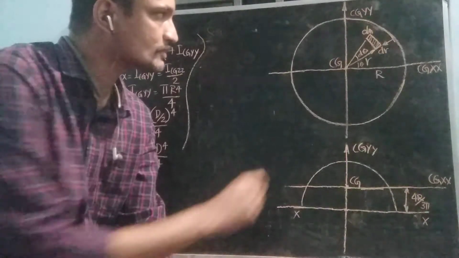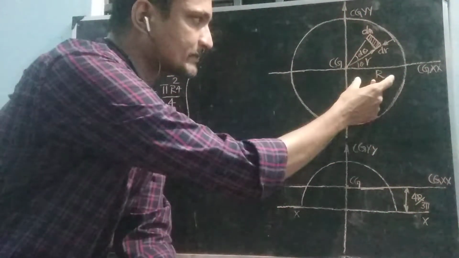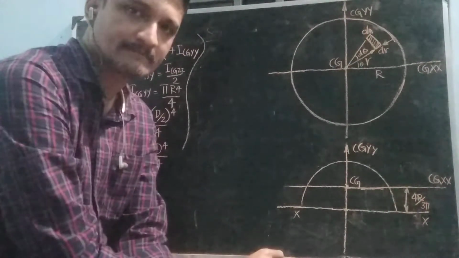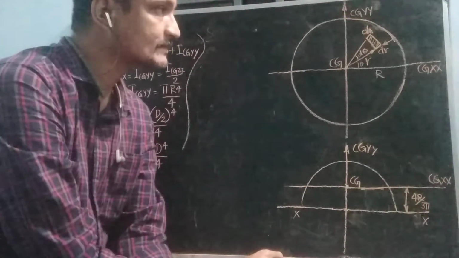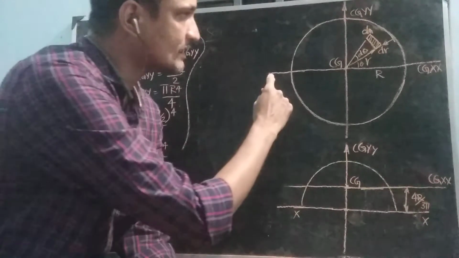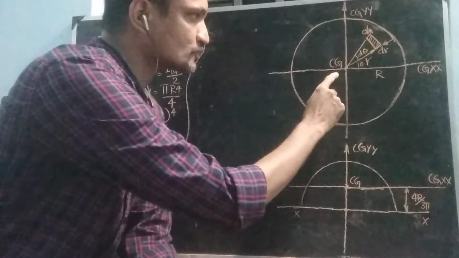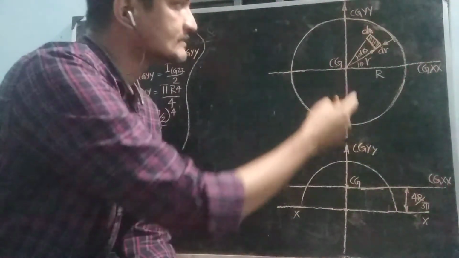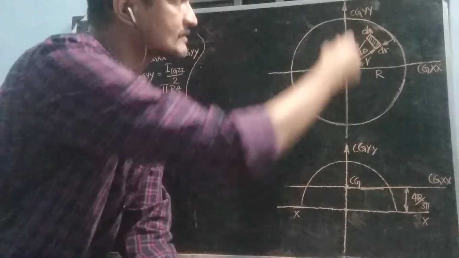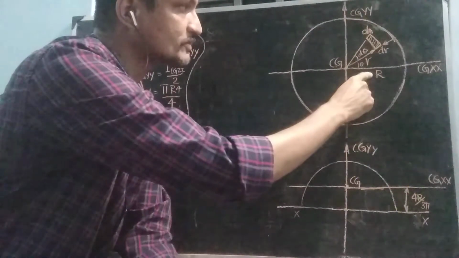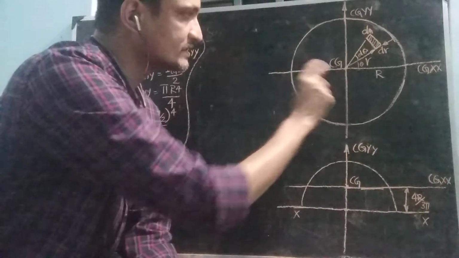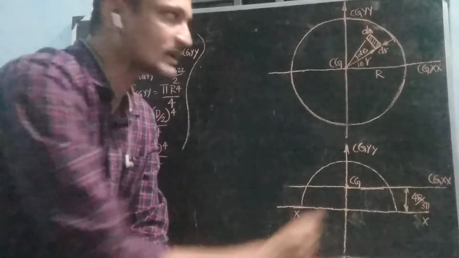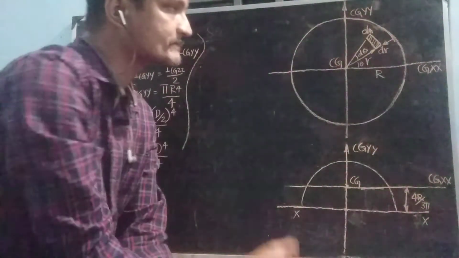First, draw a circle with radius capital R, then mark its centroid CG at the center of the circle, then mark an x-axis which is passing through CG and represented as CGXX. Then mark another axis, y-axis, which is perpendicular to x-axis and also passing through CG, and name it as CGYY, centroidal x-axis and centroidal y-axis.